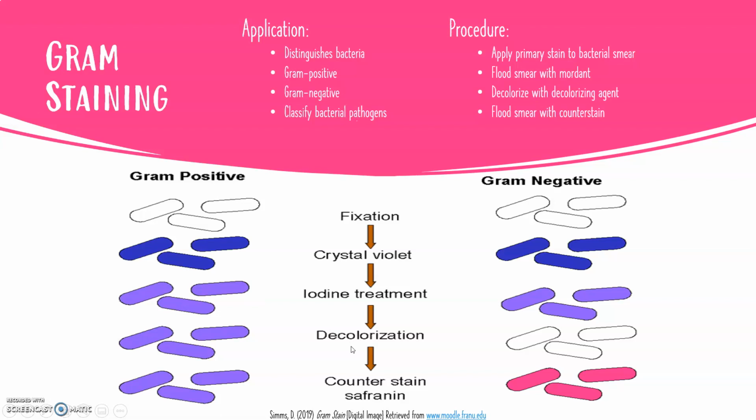But once we get to the decolorization stage where the 95% ethanol is added, the gram-positive will retain the crystal violet because it contains that peptidoglycan, while gram-negative will lose the crystal violet because it does not contain the peptidoglycan. Instead, it contains the lipopolysaccharides, which will then be counterstained with the safranin.